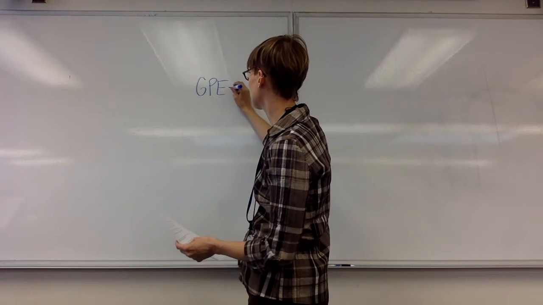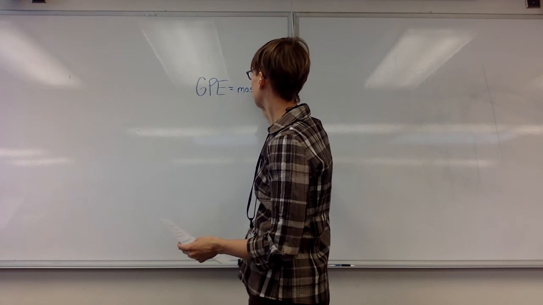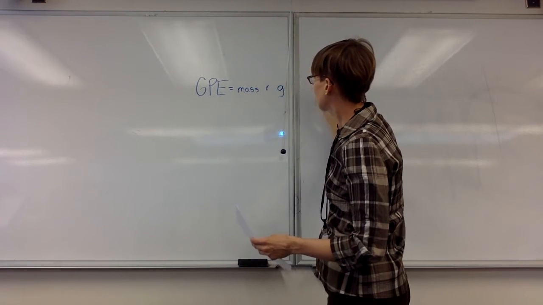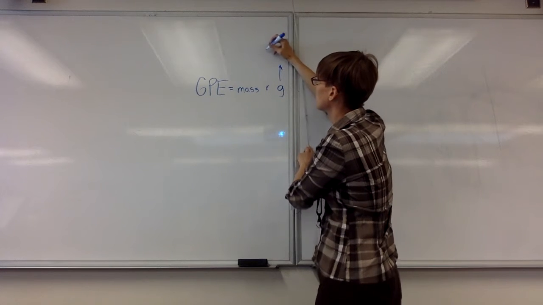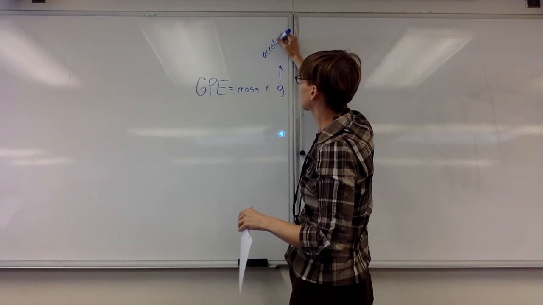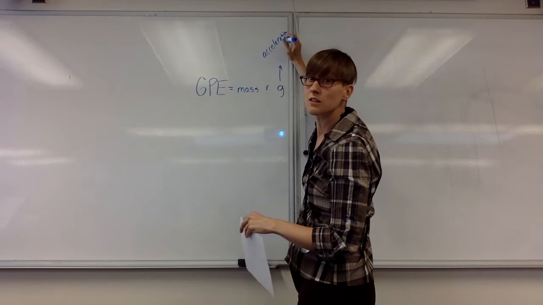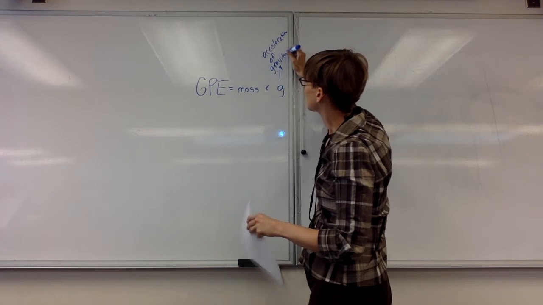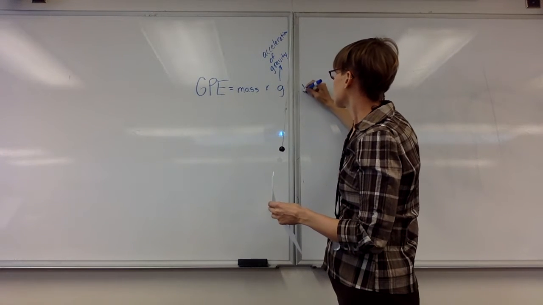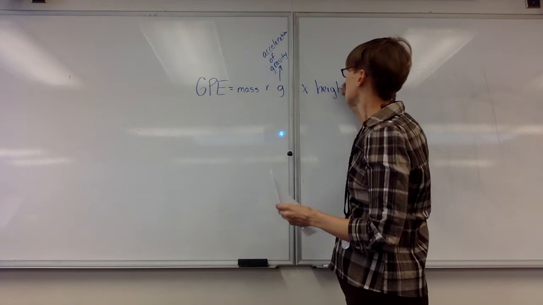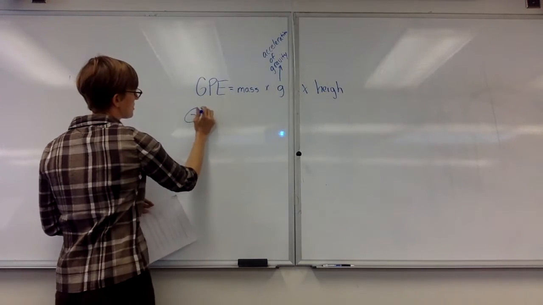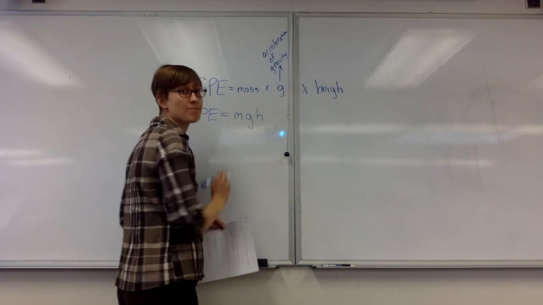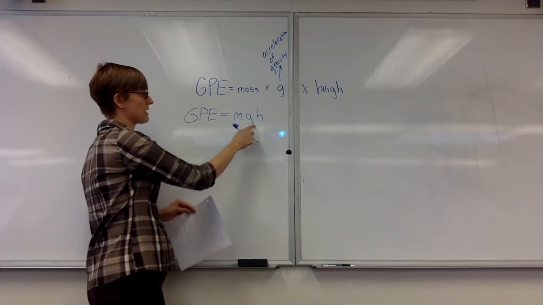Gravitational potential energy equals mass times the factor g, which talks about the acceleration due to gravity, times the height. So we shorten that to GPE equals mass times g times h. And these letters written right next to each other mean you multiply.